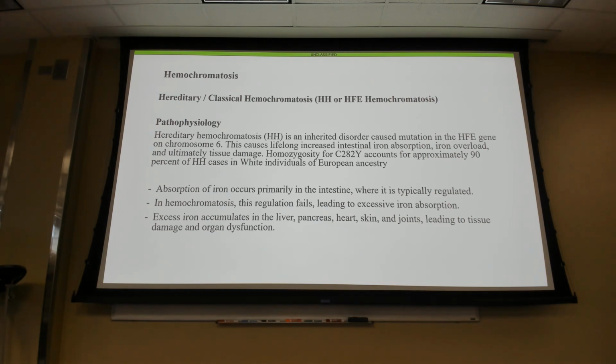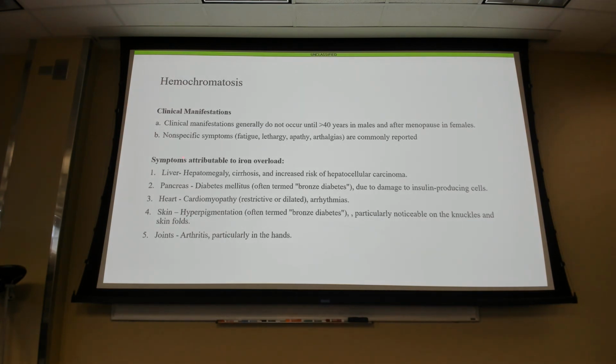And this excess iron accumulates everywhere, and I mean everywhere: liver, pancreas, heart, skin, you name it. Usually it's multi-system, and we'll talk about the manifestations. Typically men later in life, after all the years of building up iron, and then women after menopause, as we talked about.